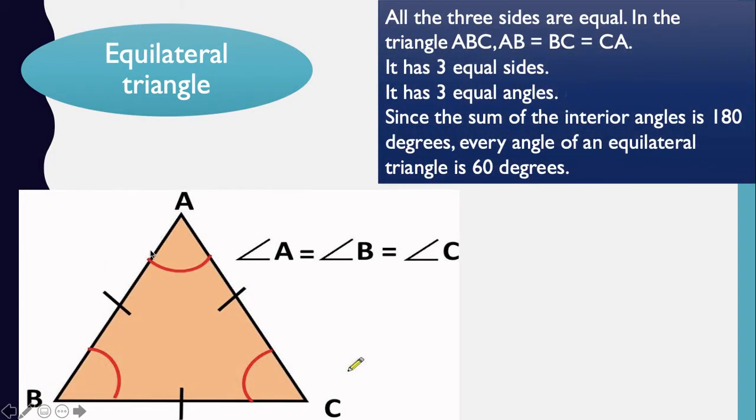All three sides are equal: in triangle ABC, side AB equals side BC equals side CA. And the sum of the interior angles is 180, and since all three sides are equal, all three angles are also equal. So each angle will be 60 degrees.